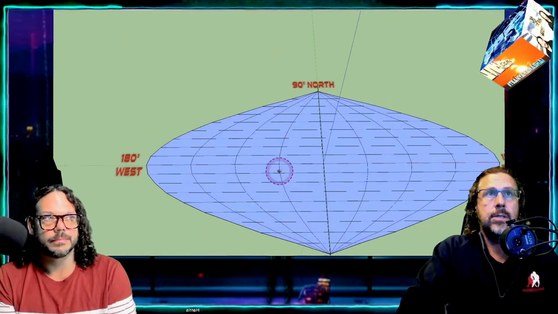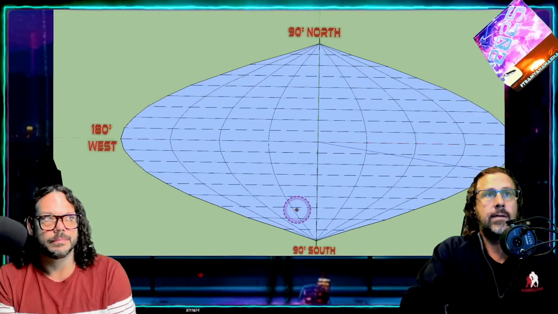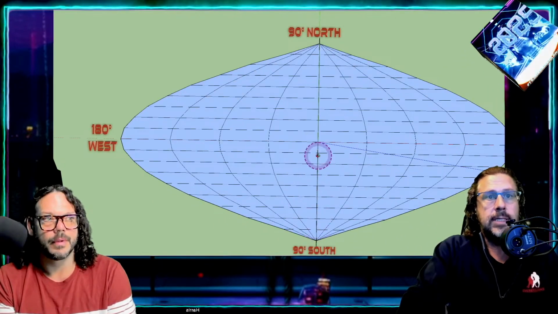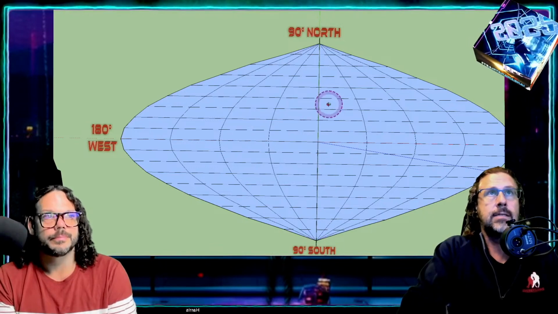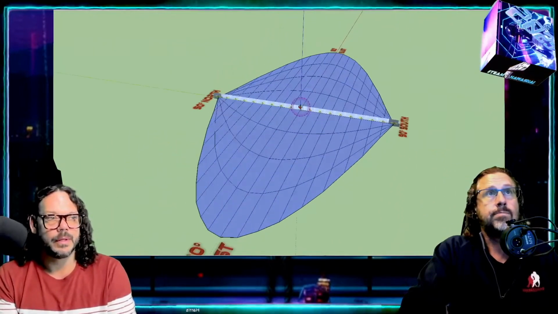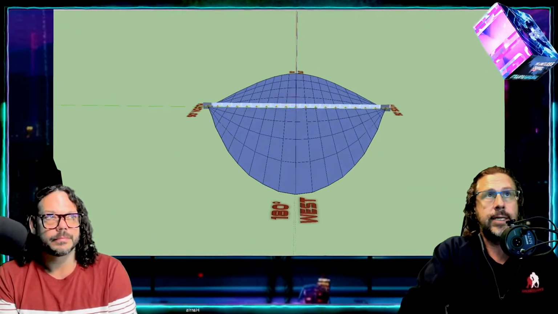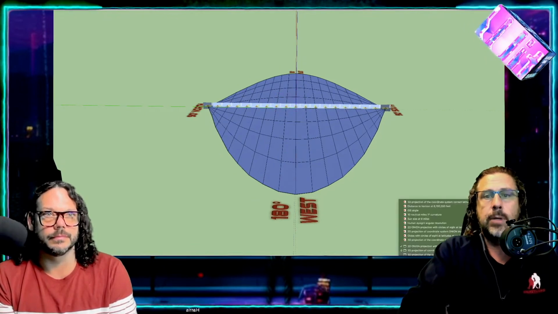This is the 2D onion projection where everything is equidistant between its lines of latitude. And this is the one that, if you were to project this three-dimensionally, ends up looking like a football.